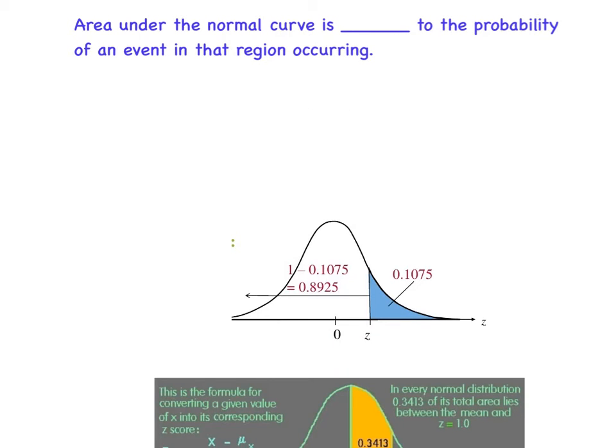Now conceptually, one of the big ideas throughout the video tonight is that the area underneath the curve is equal, and I really want to stress this word, equal, to the probability of that event in that region occurring. So let's say we've got the z-score right here. The area underneath the normal distribution curve corresponds to the probability of it possibly happening.